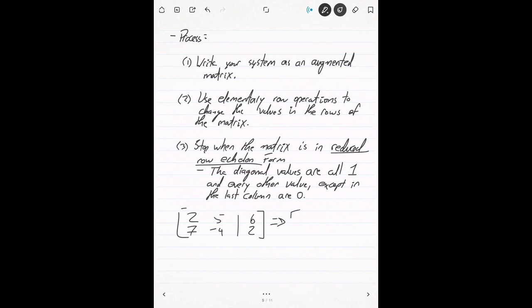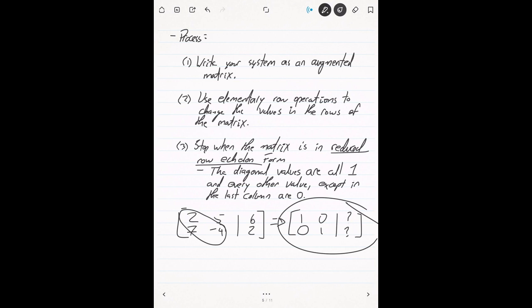That's when the matrix has the diagonal values all be 1. So that's a 1, and this is a 1. The other values are zeros. Now, the things in the last column could be any number. They could be 0, they could be whatever. But this is the form that we want. This is reduced row echelon form.